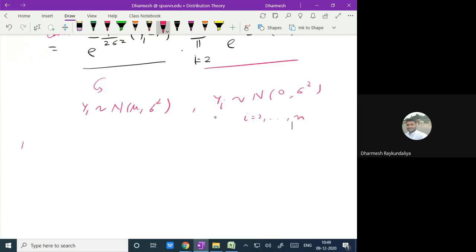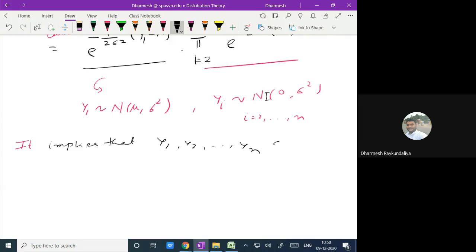So it implies that y1, y2, yn are independent. These are normal independent. This y1 has no connection with y2, yn, so all are independent.